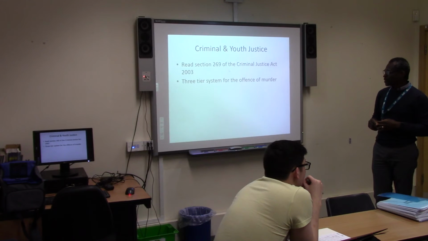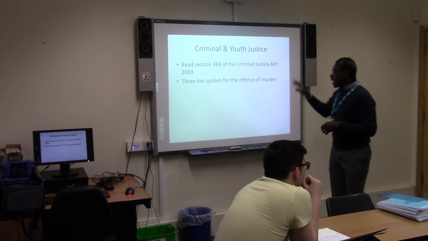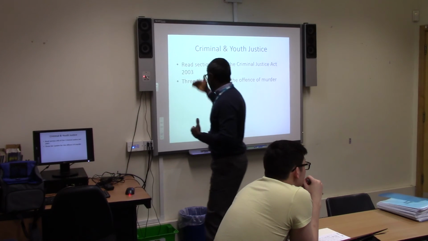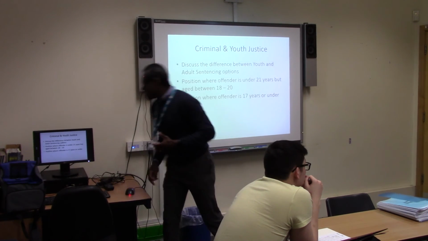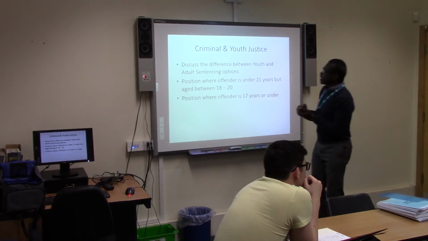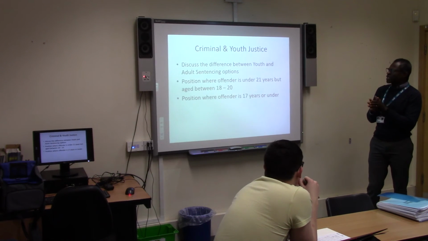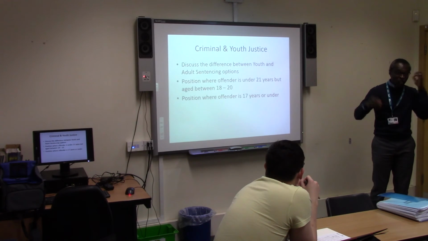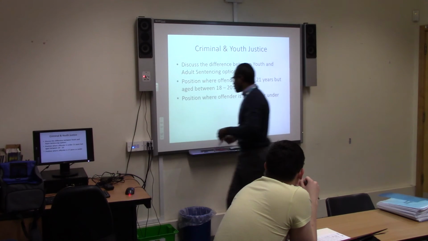Yes, but anyway, so have a look at section 269 and then identify the three-tier system. Next point, discuss the difference between youth and adult sentencing options. So here again, use the offence of murder, very important.